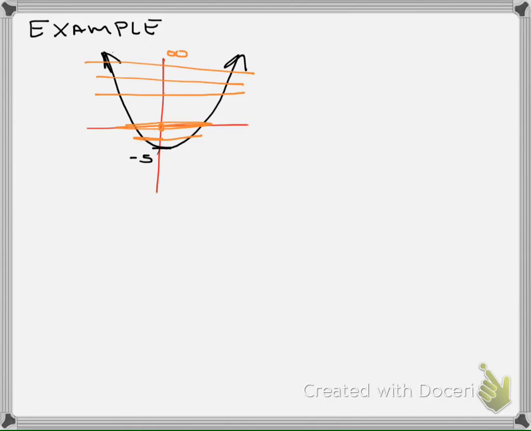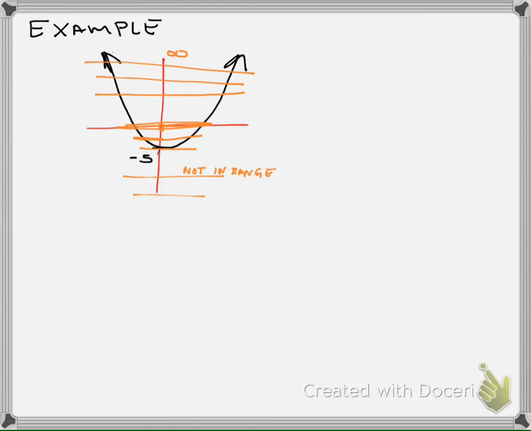What that's saying is the second I get to -5, after that point, I will no longer be able to touch the graph. So what it's saying is that these points are not in my range. So my range then is only from -5 all the way up to positive infinity.